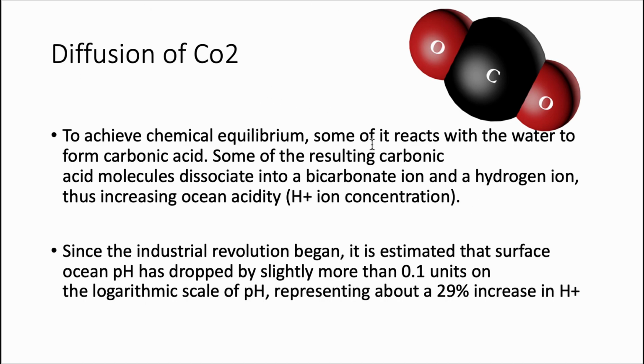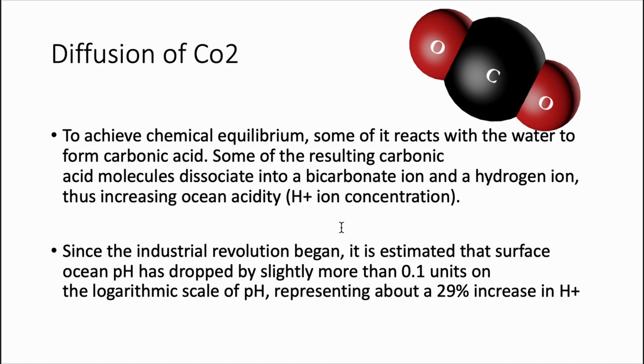So because CO2 diffuses, it dissociates in water and there are these bicarbonate ions as well as these free hydrogen ions. The more hydrogen ions there are, the lower the pH is, right?